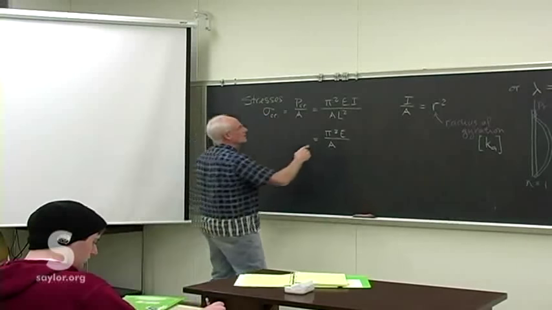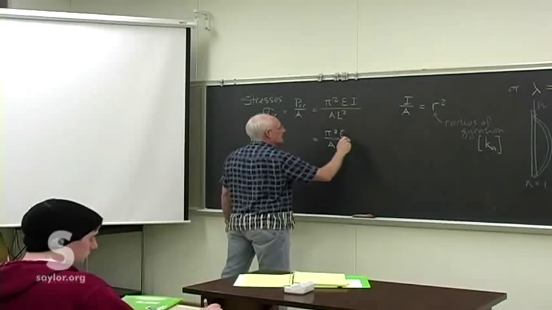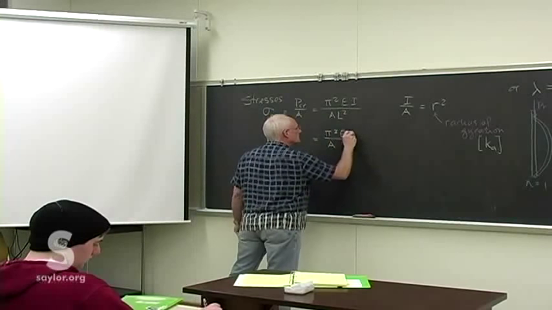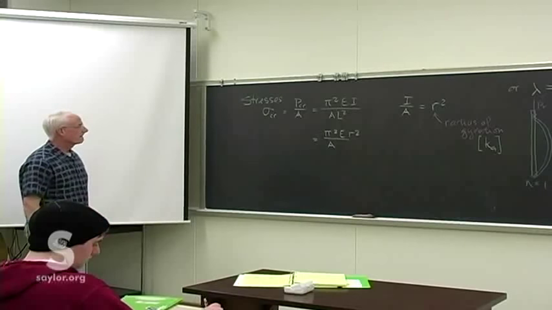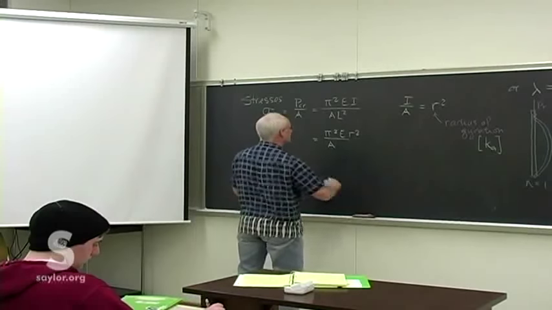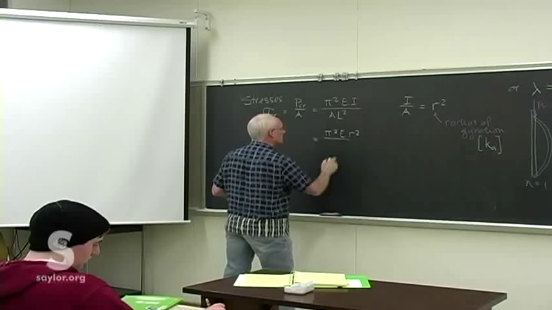And so we've got then that I over A is r squared. The r squared, not the A, the r squared.